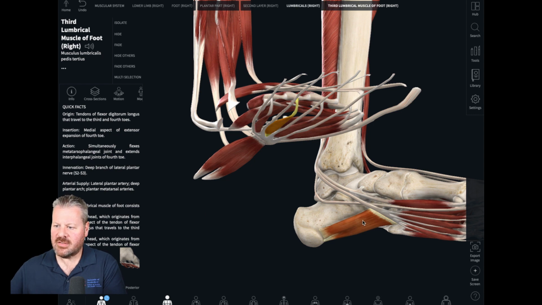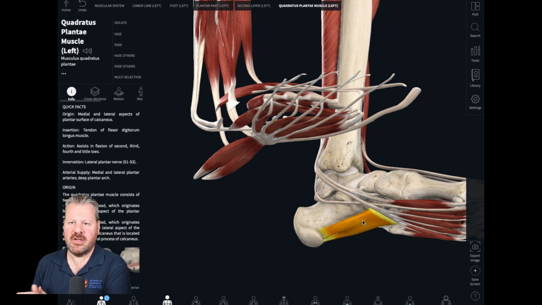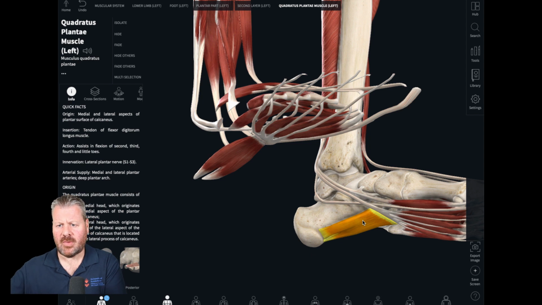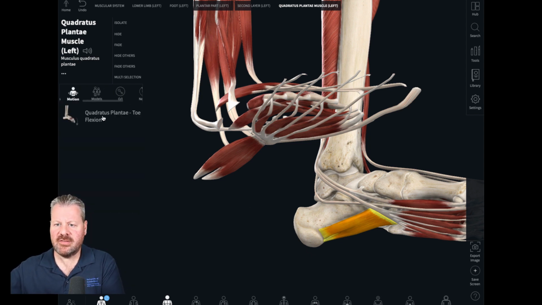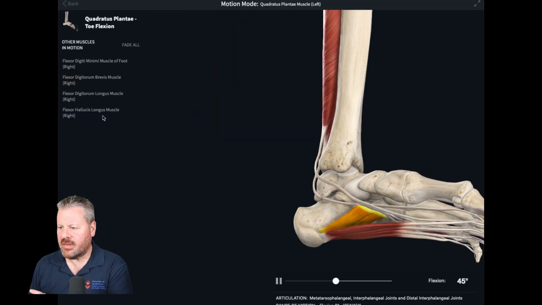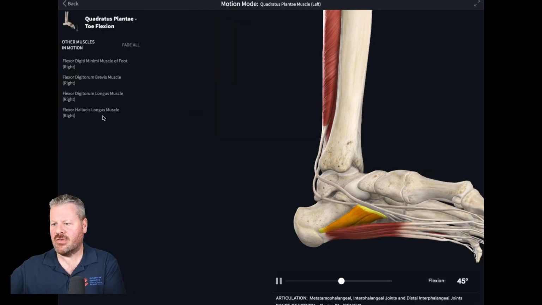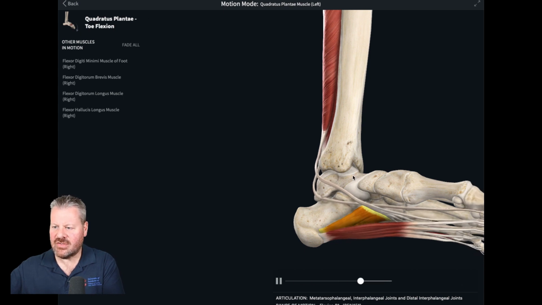You'll notice that there's also a muscle here, which is the quadratus plantae muscle. Now, let's just look at the sort of motion of this. This is pulling through very strongly on these tendons and is actually attached to this common tendon above it.